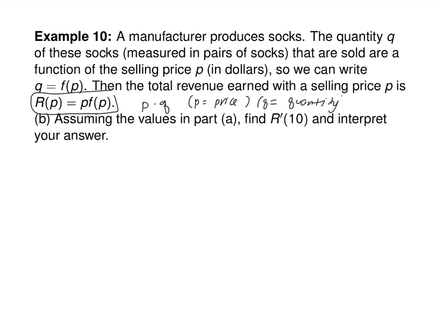You guys know what revenue means? It's like how much money you pull in at the end of the day before taking out your costs. Does that make sense? Okay. So assuming the values in part A, find R prime of 10 and interpret your answer. So if you have R of P equals P f of P, can you use the product rule to get R prime? What's the derivative of P?